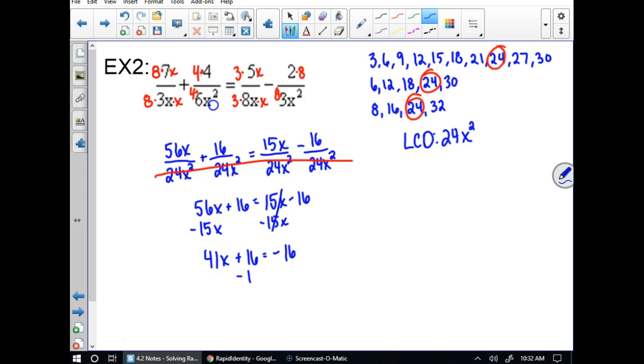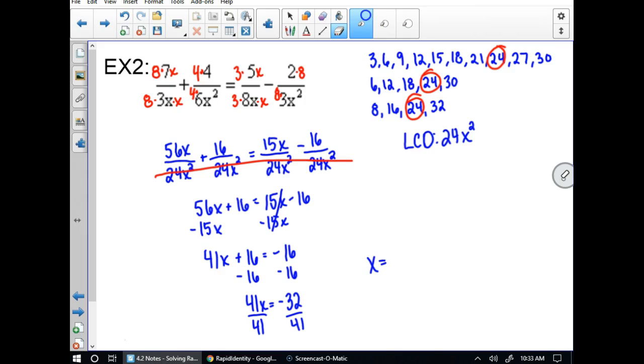I'm going to subtract my 16. So 41x equals negative 32. And then I'll divide by that 41. It's an ugly answer, but your answer is x equals negative 32 over 41.